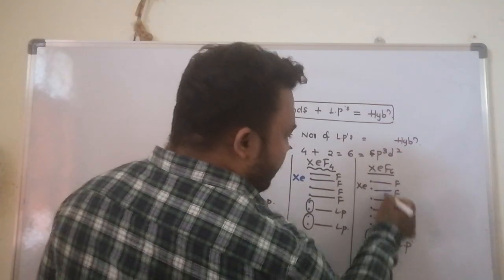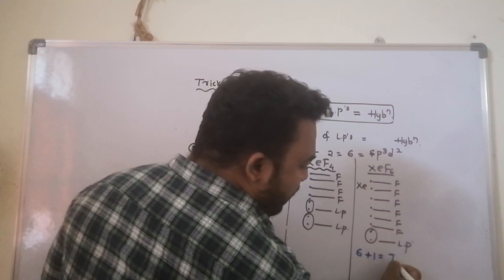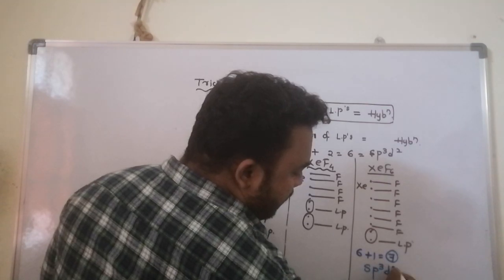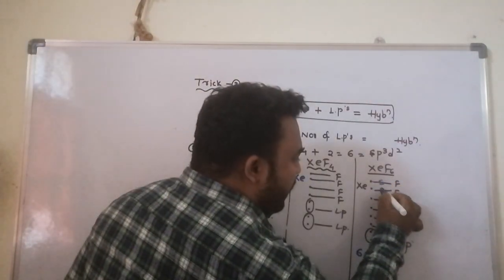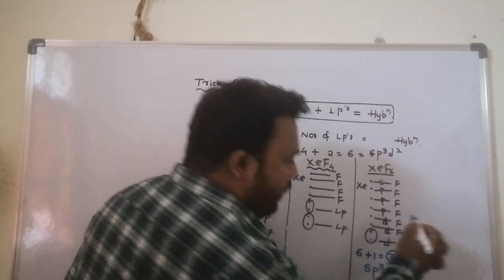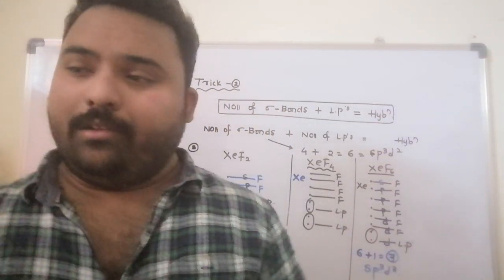See, 6 bond pairs plus 1 lone pair, total 7, is sp3d3 hybridization.